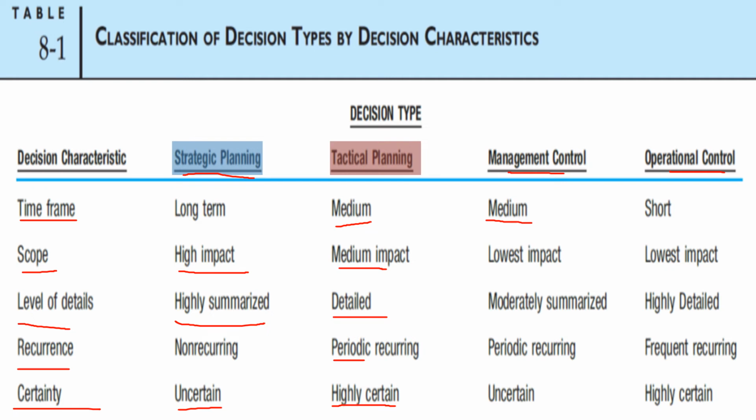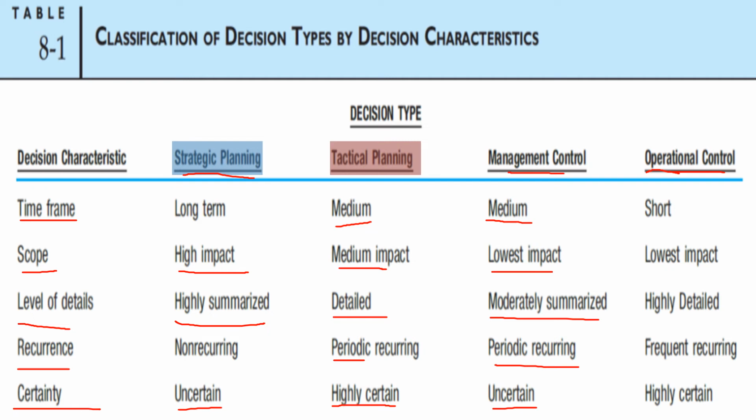It's not short. It has the lowest impact, moderate summarizing, and it's periodically recurring. It's uncertain.